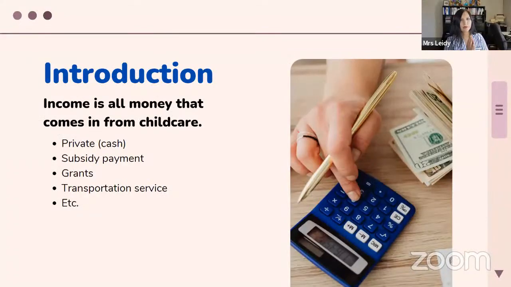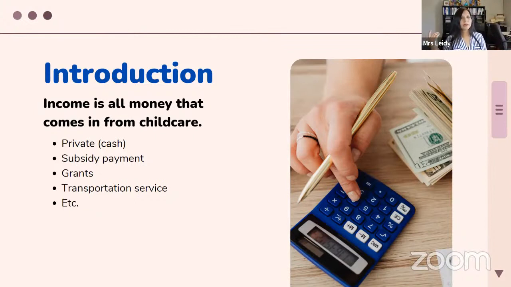Let's talk about what income is first. Income is all the money that comes in from your business. So in my case, I have a childcare at home. I work from home, and there are many ways that I get money. One of them is I get payment from private families, and they pay me with cash.